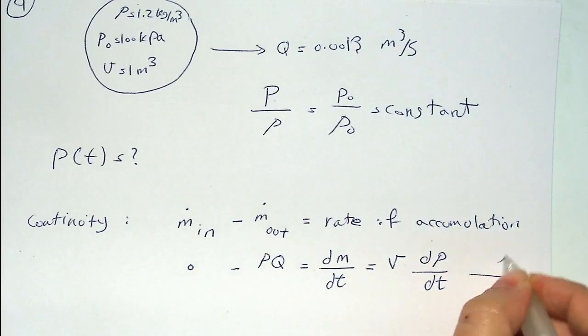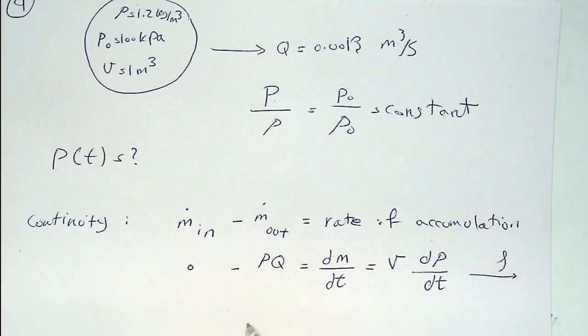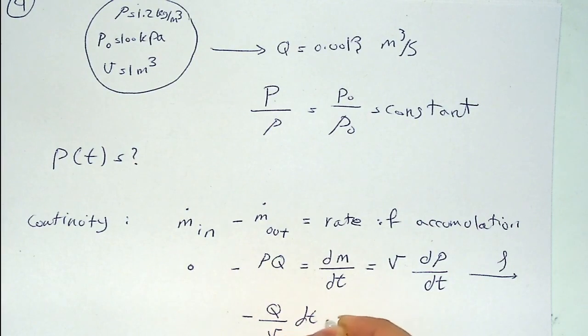So now we integrate this. This dt comes to the other side, and we would have d rho on the other side. Minus Q over the volume multiplied by dt is equal to d rho by rho. Because you have d rho on the right hand side, you have to bring the rho to the right hand side when you want to integrate.